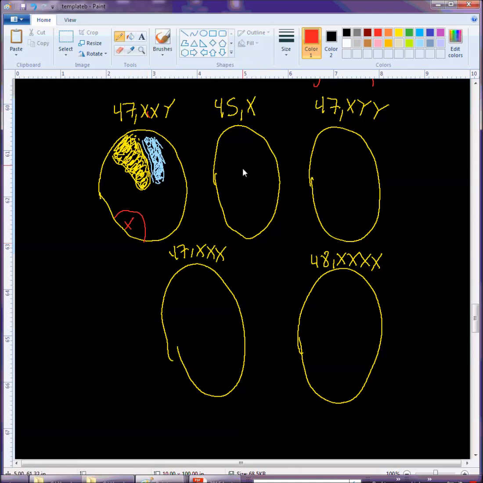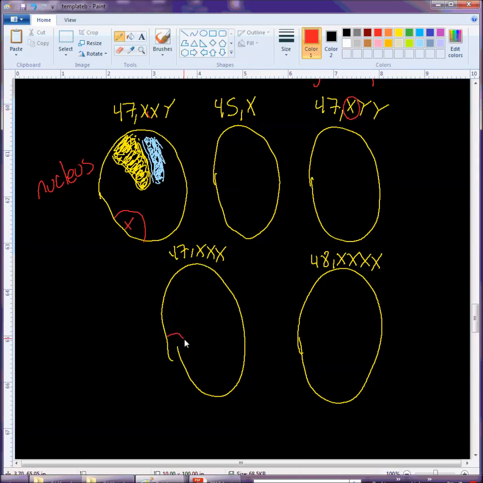45X females. Females normally have one bar body in all their cells. These are nuclei, remember that? I'm just showing the nuclei of the cells. 45X Turner females have no bar bodies because they only have one active X chromosome. So no bar bodies there. Super male has no bar bodies either because they only have one X chromosome.